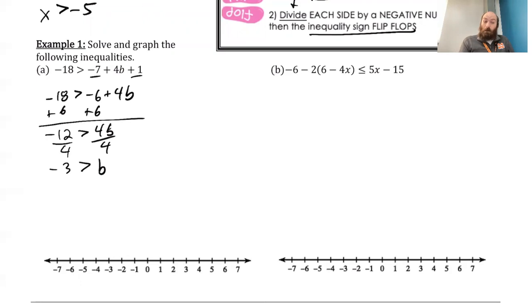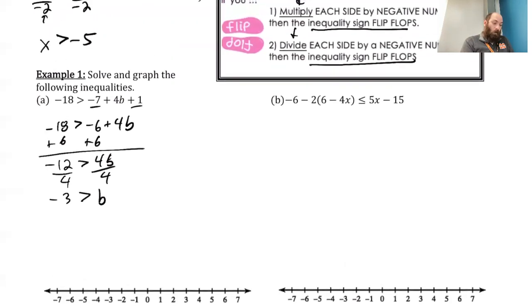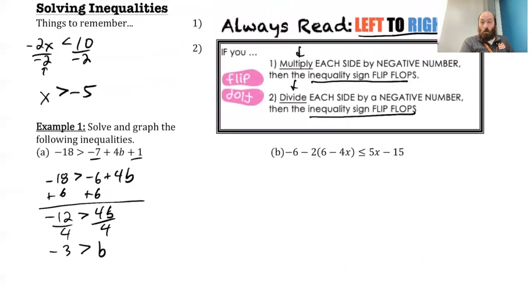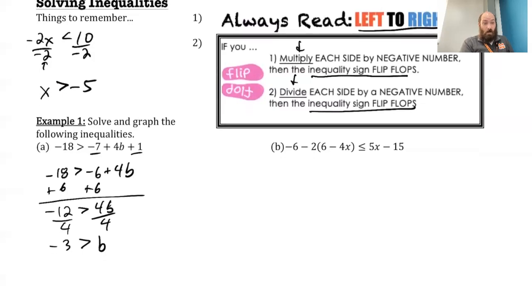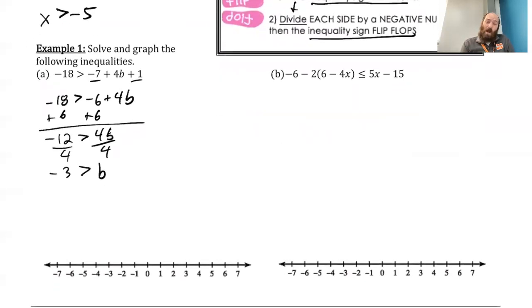Okay, now remember, things to remember. Number one, we always want to read it left to right. This right here is a little bit trickier to graph if I try to go right to left. Negative 3 is greater than b. That's what this means. So first of all, I'm going to put an open circle on negative 3.